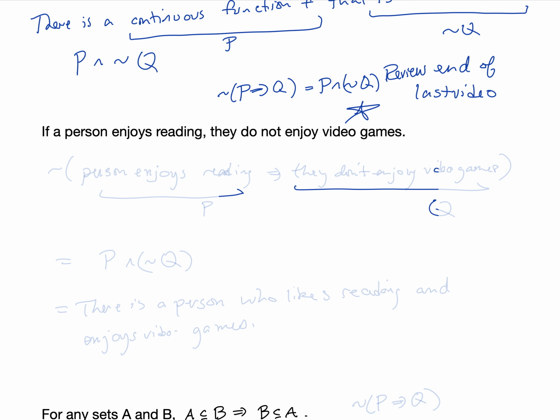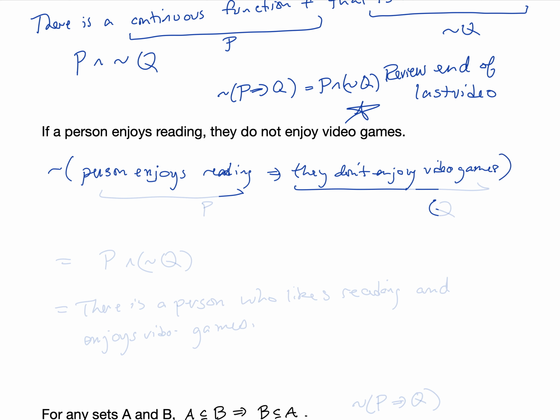I need to find one person who enjoys reading but does also enjoy video games. So again, this is negating a statement of the form p implies q. Person enjoys reading implies they don't enjoy video games.